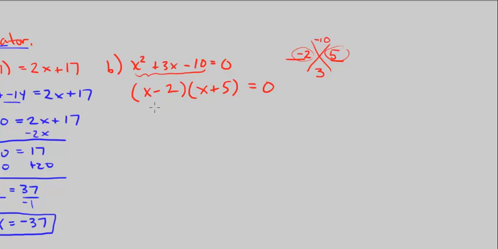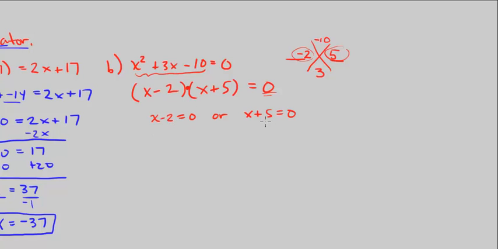And then from here, we know we're multiplying x minus 2 times x plus 5, and it equals 0. We can separate this and say that this means either x minus 2 equals 0 or x plus 5 equals 0, because if you're multiplying these two and it equals 0, one of them or both of them have to equal 0.